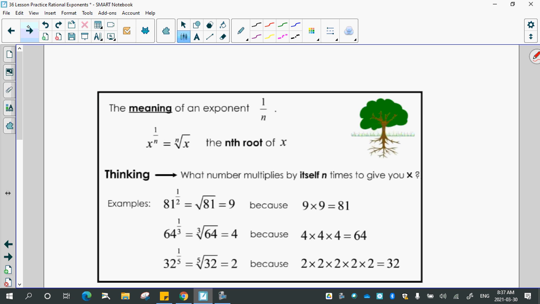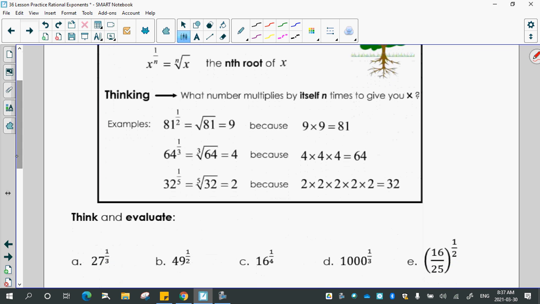So x to the 1 over n is the nth root of x. That's how you say it: square root, third root, fourth root, fifth root, depending on the number. So the thinking is, what number multiplies by itself n times to give you x? So 81 to the 1/2 means the square root of 81.